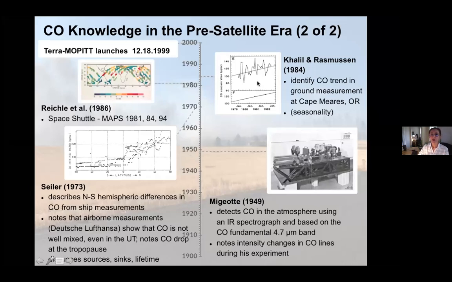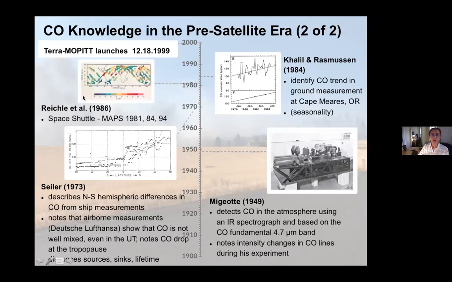If we move on, in 1984, this paper by Khalil and Rasmussen describes a trend in CO that they discovered from ground measurements. I think they had 6 years of ground measurements, and they describe an increase in CO. They also very briefly mention seasonality in CO, but they don't get very much into that.